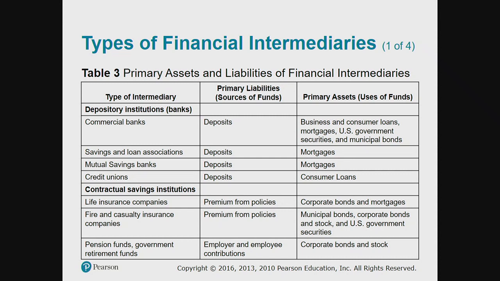All four of these are basically the same, from commercial banks down to credit unions. They're very similar, but a little bit of the structure is slightly different. We don't need to get into that. And there are contractual savings institutions, so things like different insurance companies and retirement funds.